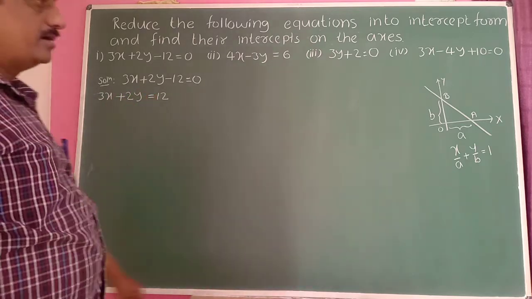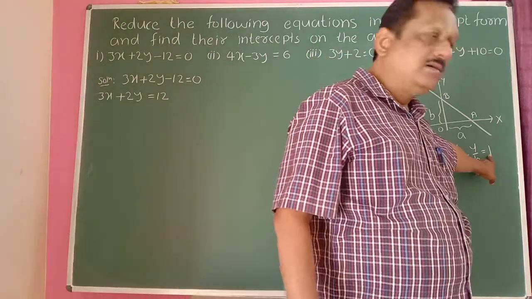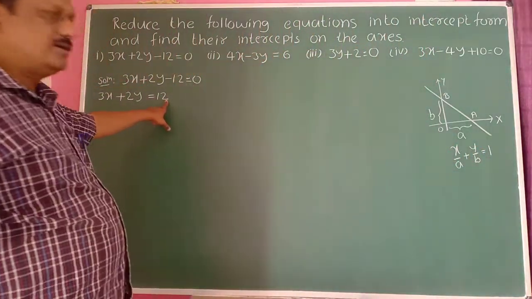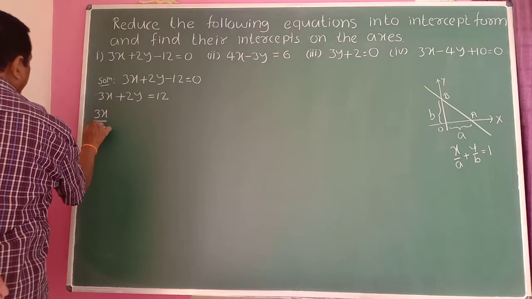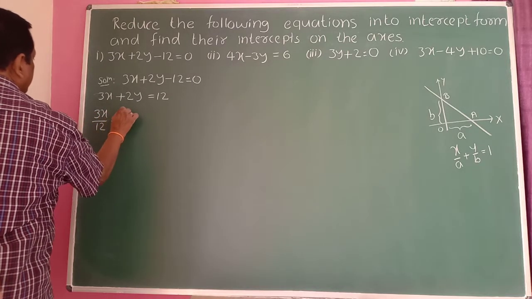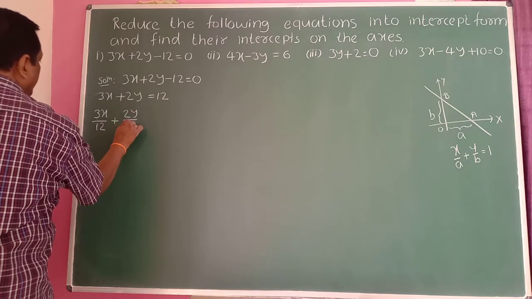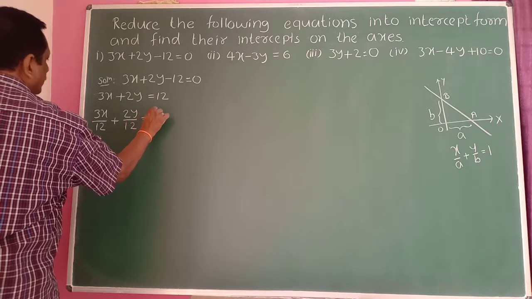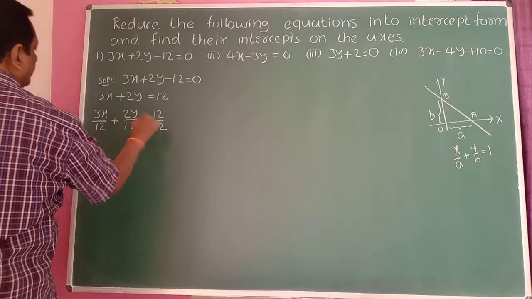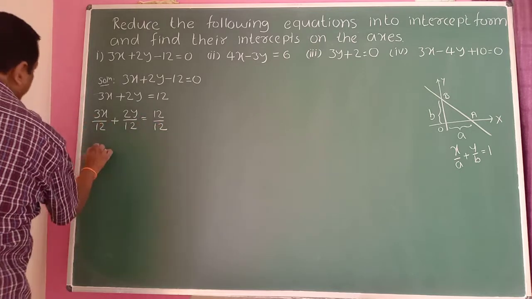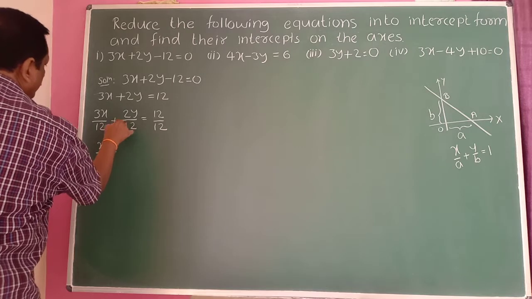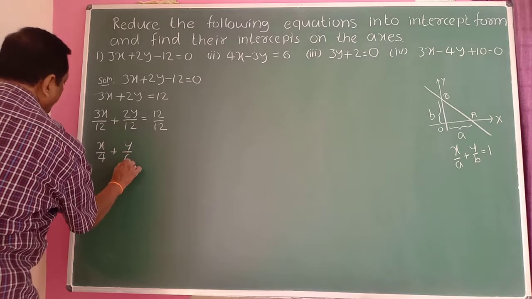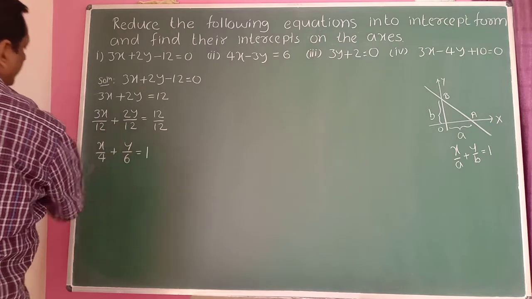Here the RHS should be 1, so dividing both sides by 12: 3x divided by 12 plus 2y divided by 12 is equal to 12 divided by 12. Then 3 ones are 3, 3 fours are 12, cancels. x divided by 4 plus y upon 6 is equal to 1.